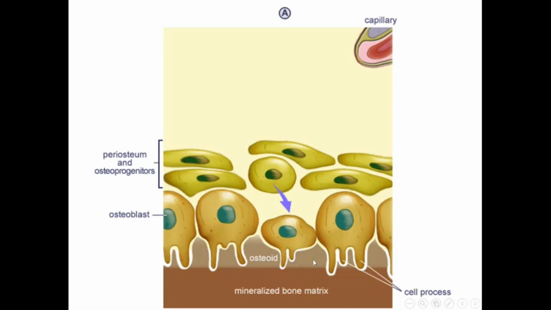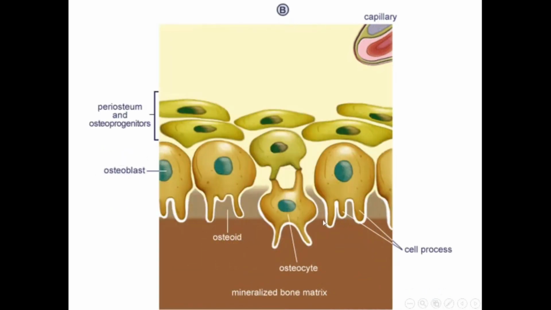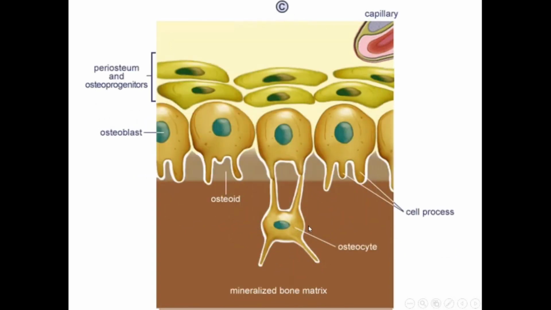The osteoblast starts to produce osteoid, but before being completely entrapped by the matrix, you can see it starts to give some extensions and make a gap junction with the other cells, and it starts to be enclosed by the bone matrix. At the end you can see these cells completely entrapped by the bone matrix, but these cells now have gap junctions with the other cells.